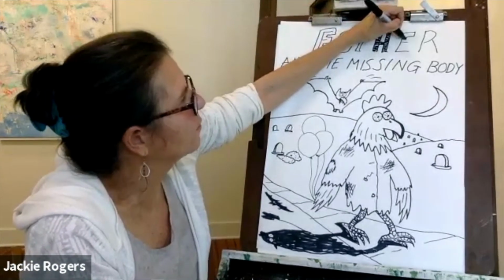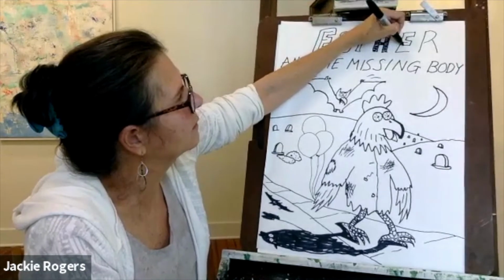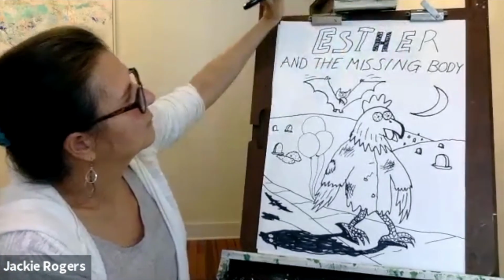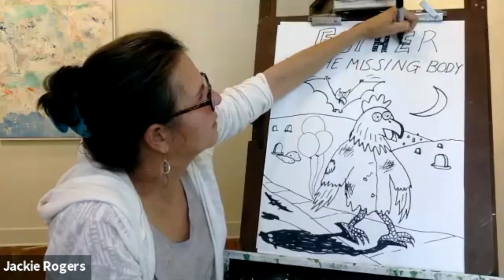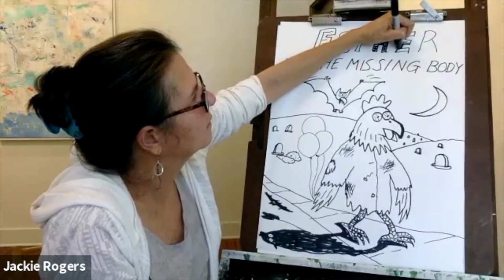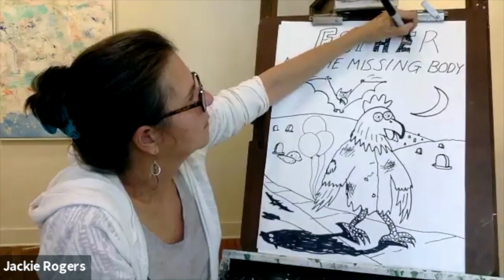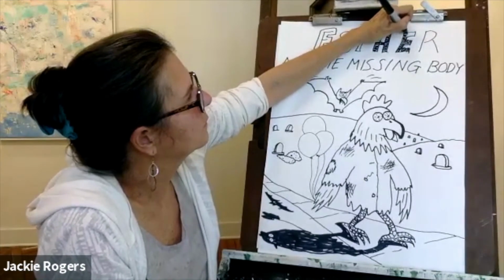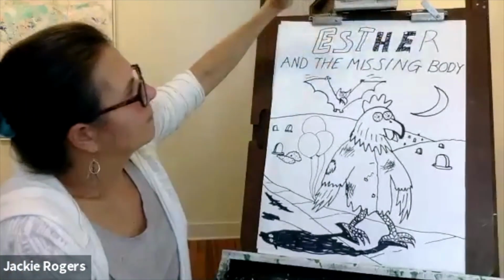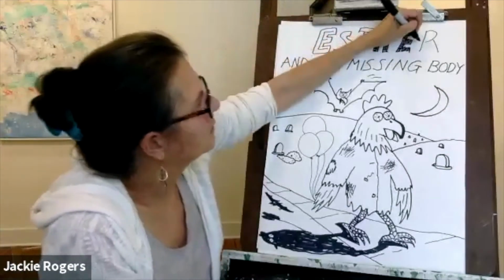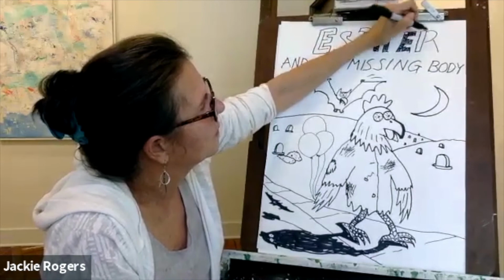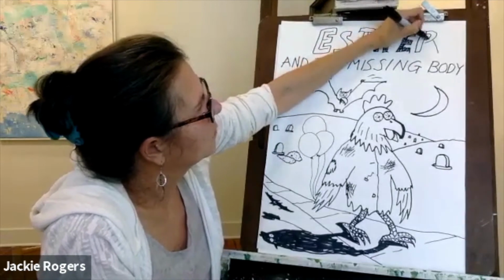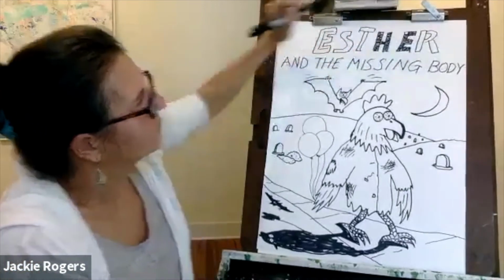This is another way to do the block lettering. And then you can either erase that middle line or you can color these in. Listen, for the R, I'm gonna go up, go around and go down.